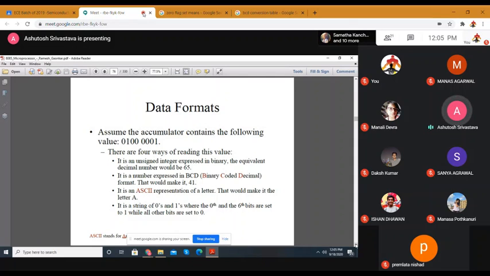The second problem that I'm giving is performing subtraction using second complement.